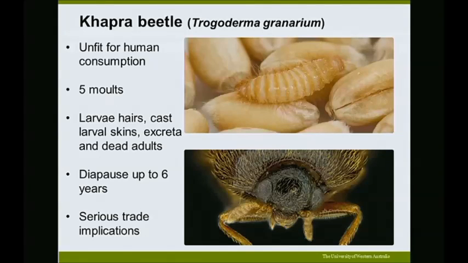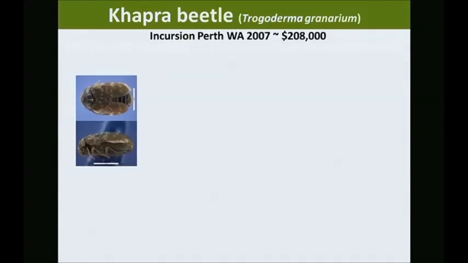Runs through 5 molts, which leaves skin everywhere in grain. Produces various amounts of excrement, and can go into diapause for up to 6 years, and that's quite important as well because it makes it difficult to eradicate, and it has serious trade implications. So no one wants this pest, because they know that they're going to be up for a massive bill in terms of trying to eradicate it.